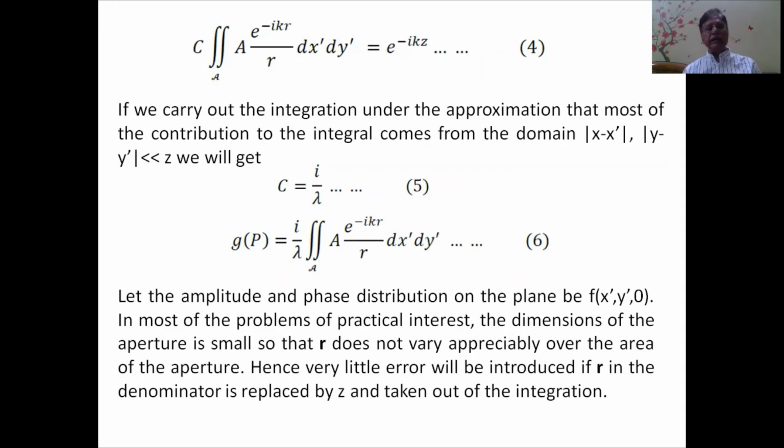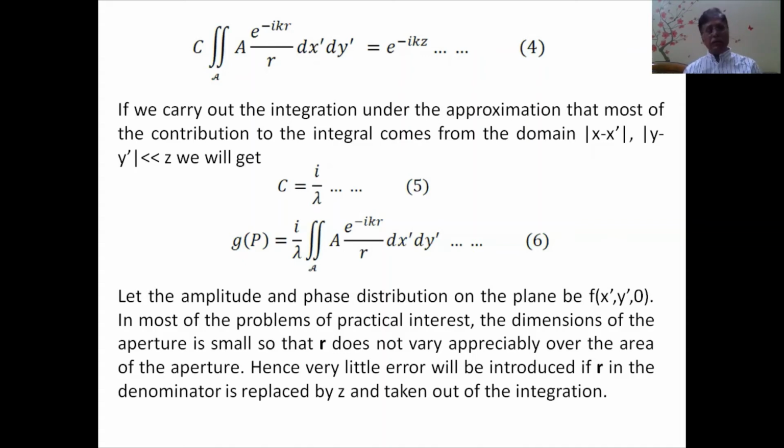If we carry out the integration under the approximation that most of the contribution to the integral comes from the domain where x minus x dash, y minus y dash is very, very small compared to z, we get C is equal to i upon lambda. And therefore, the field at point P can now be written as G at P is equal to i by lambda double integral over aperture A exponential minus i k r by r dx dash dy dash.